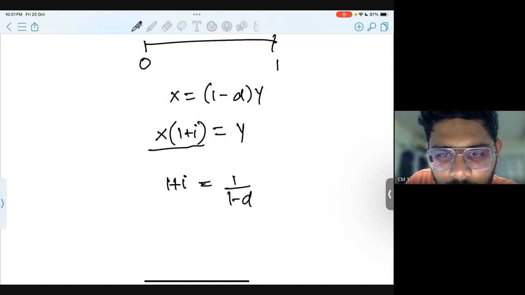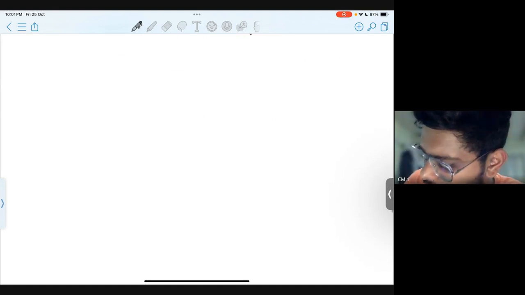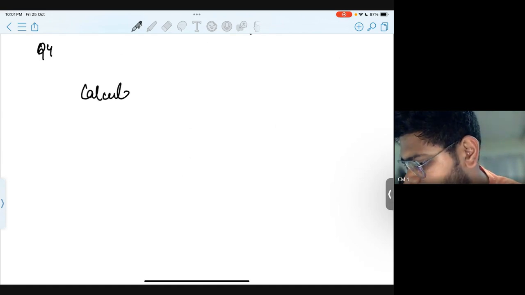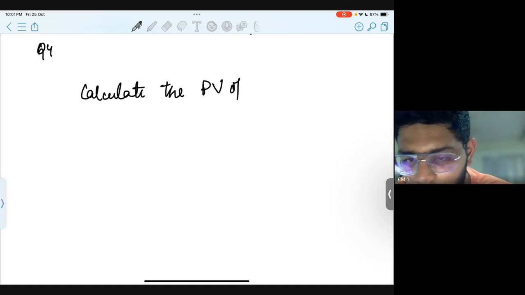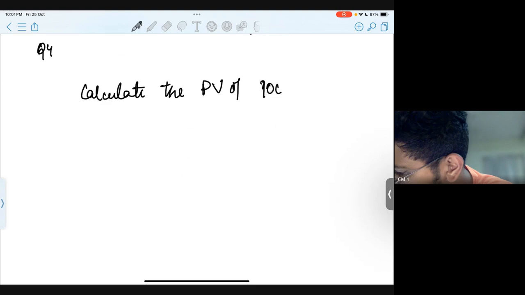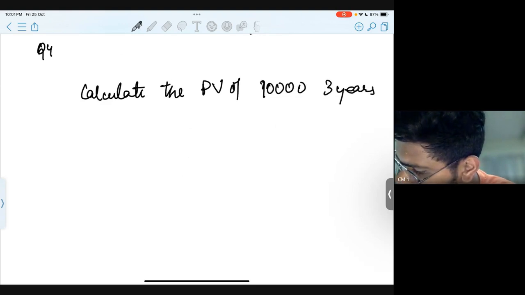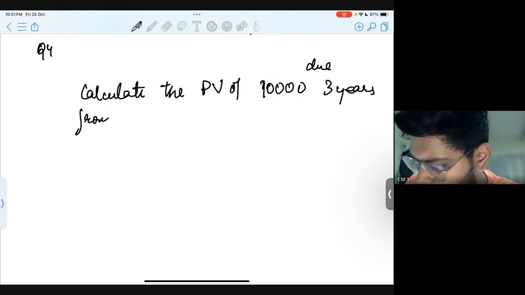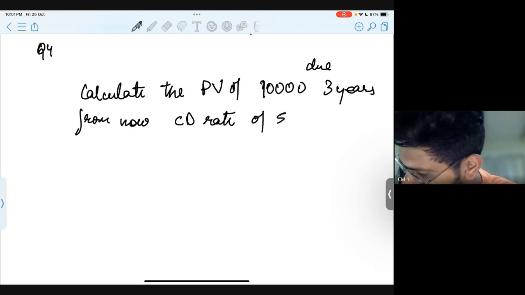So let's do a question. This is a simple, straightforward question. Calculate the PV of 10,000 due 3 years from now. Compound discount rate of 5% per annum.